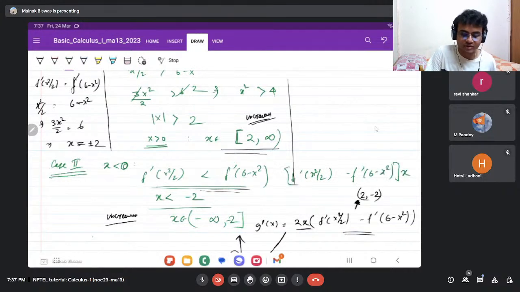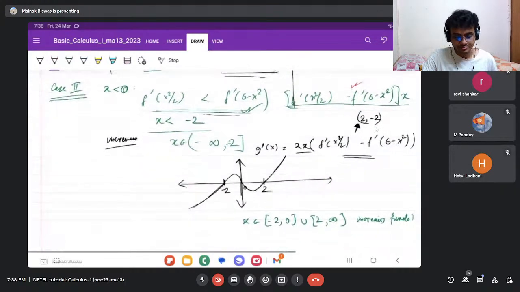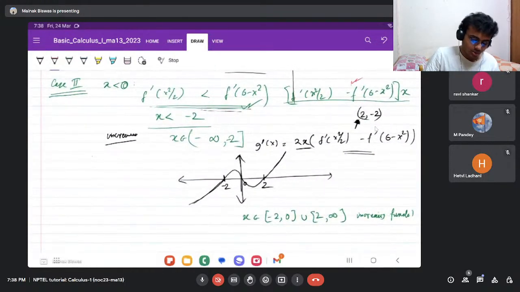This is the function we are considering, not only this. Did you understand where we went wrong? We were just considering this in the previous example, so you were getting minus infinity to minus 2 and 2 to infinity. But you're also multiplying that with x, right? So this is positive here and here it is positive, g dash x.